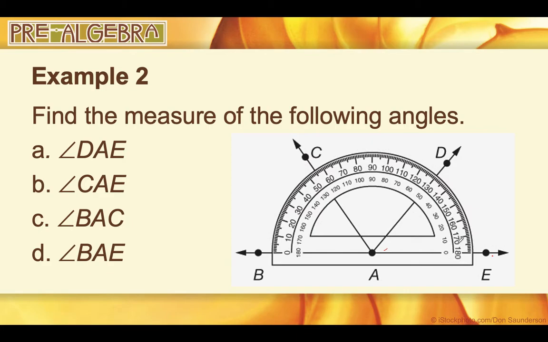If I've got 130 degrees, is angle DAE 130 degrees? No, it's not. So hopefully that should give you a red flag in your mind that, oops, I am starting from the wrong degree measurement. I need to start from 0 degrees when I measure using a protractor, going 0, 10, 20, 30, 40. Angle DAE is a 50-degree angle.